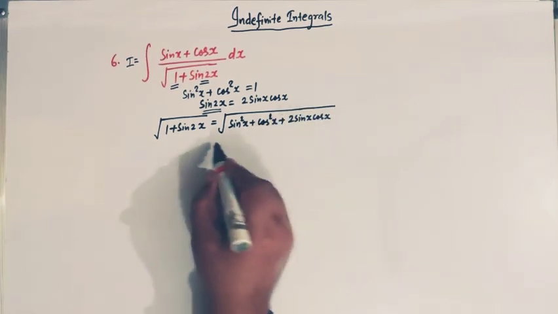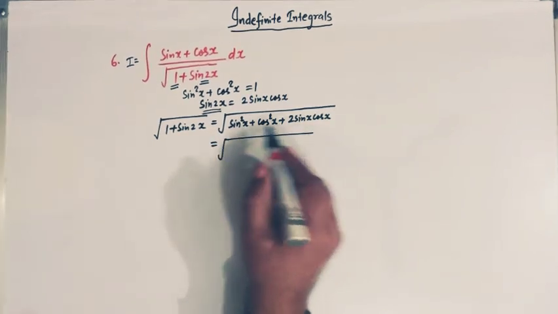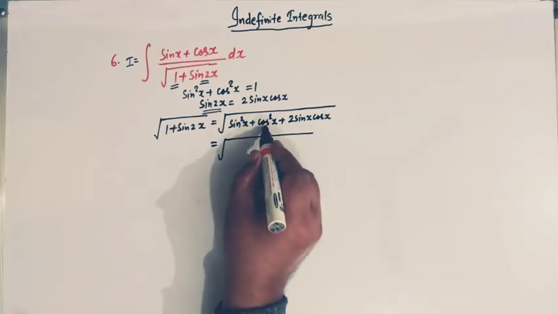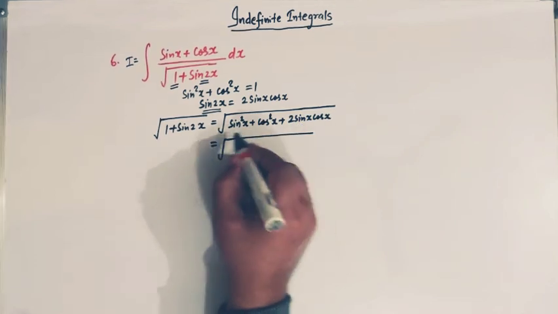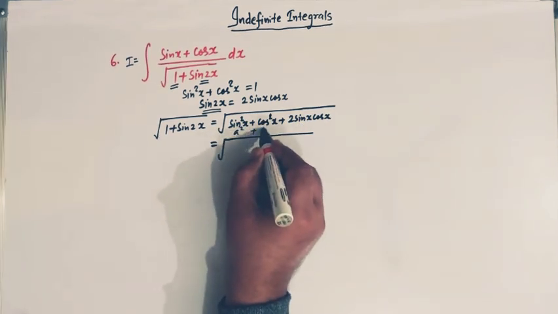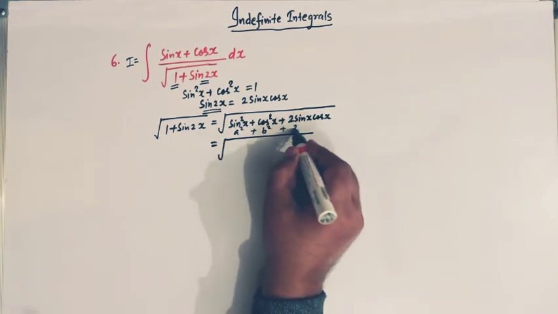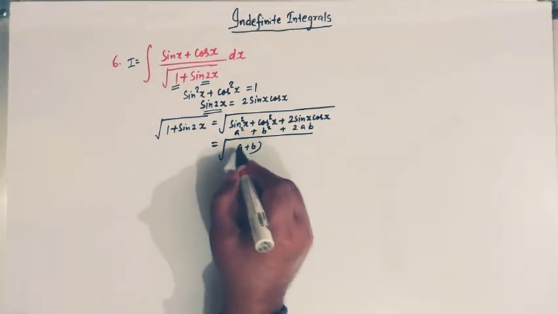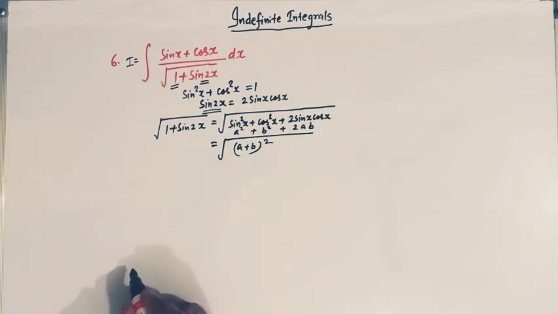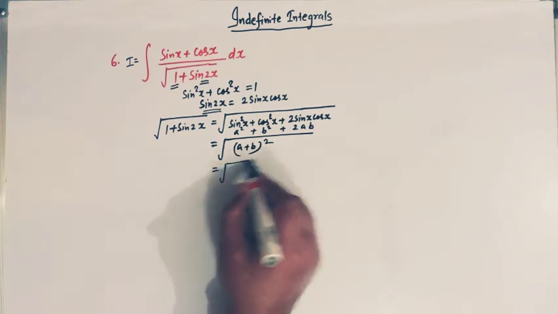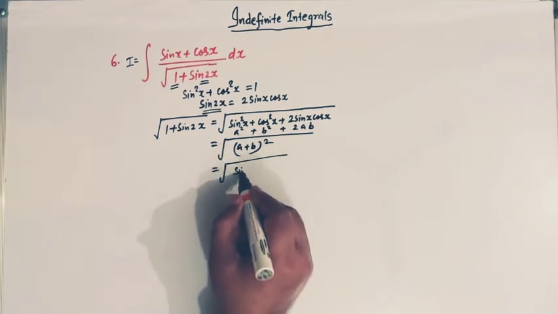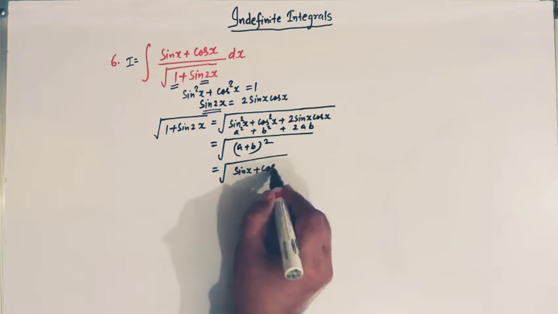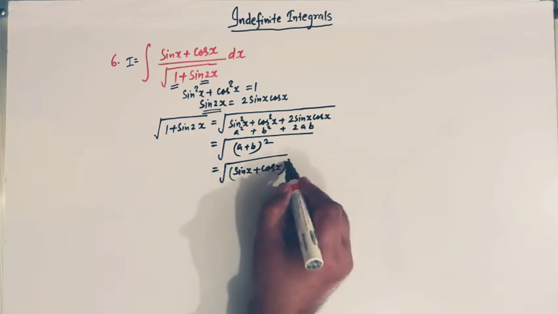Now this is a² + b² + 2ab, so we can write it as (a + b) whole squared. So this can be written as the square root of (sin x + cos x) whole squared.